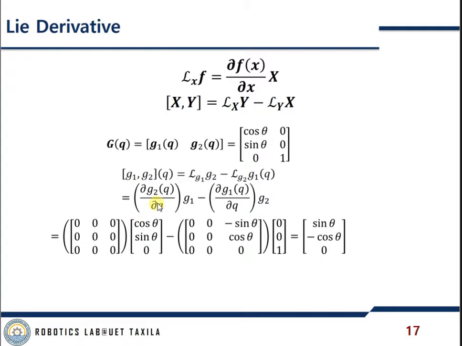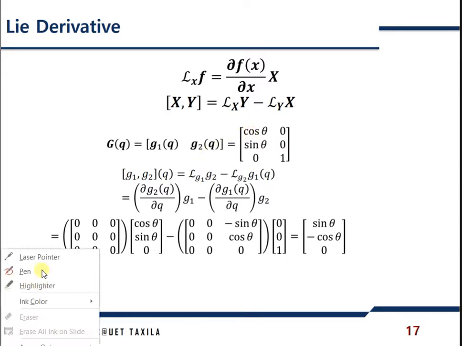Now, further writing it in this form: partial G2 over partial q, multiplied with G1, minus partial G1 over partial q, multiplied with G2, and this q is definitely a state vector. So we have to differentiate this whole system with respect to the state vector, which is going to be x, y, and theta. So let me write that over here.